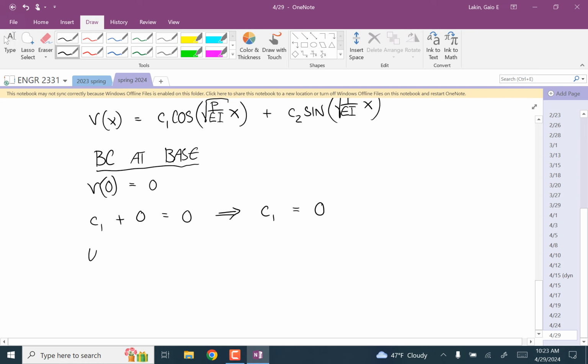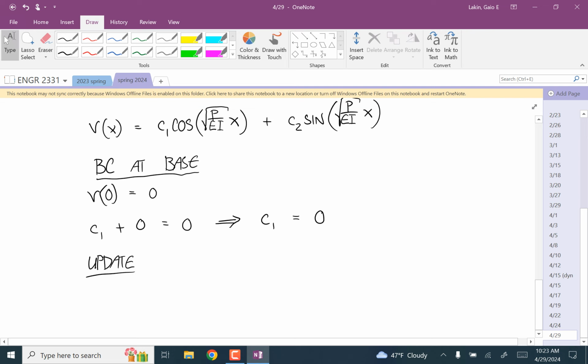And now we'll update that function. And you get that v of x is equal to C2 times the sine of square root of P over EI times x.